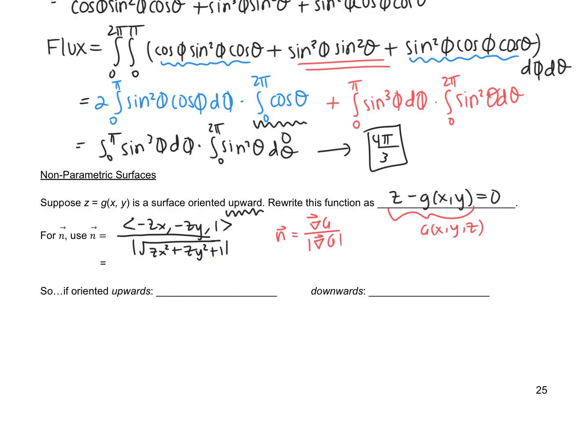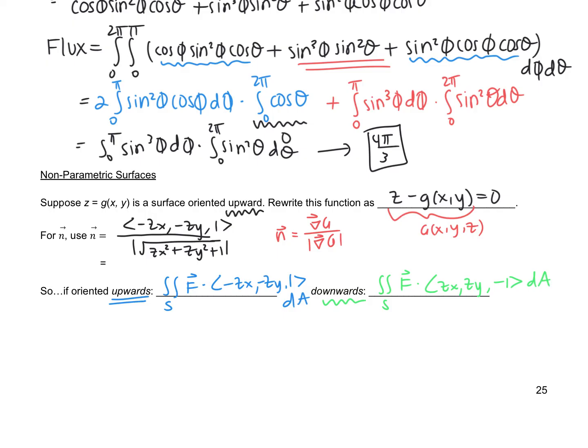So where that leads us is, if our figure is oriented upwards, then we get the surface integral of F dotted with negative z_x, negative z_y, 1, dA. If the surface is oriented downwards, on the other hand, we get the surface integral of F dotted with z_x, z_y, negative 1, dA.